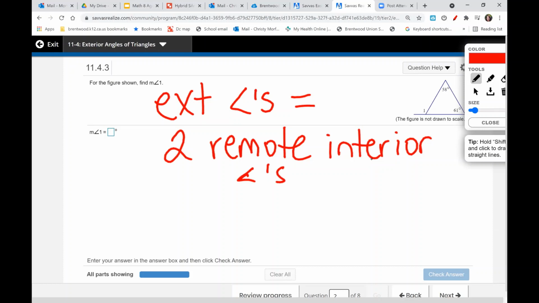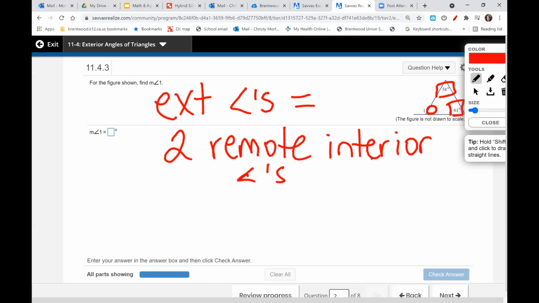What remote interior angles mean, you already know interior means inside, but remote means farthest away. So if you look at my picture right here, that missing one inside is very close to angle 1. That would not be remote. Remote would be 58 and 61 because they're really far away from angle 1.